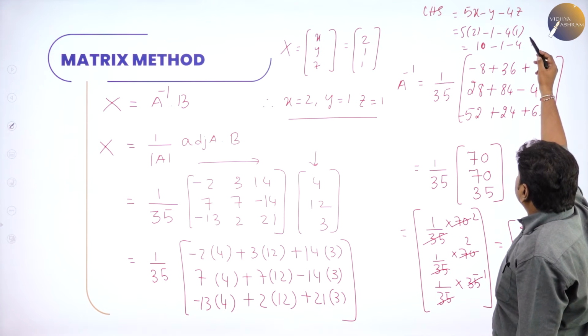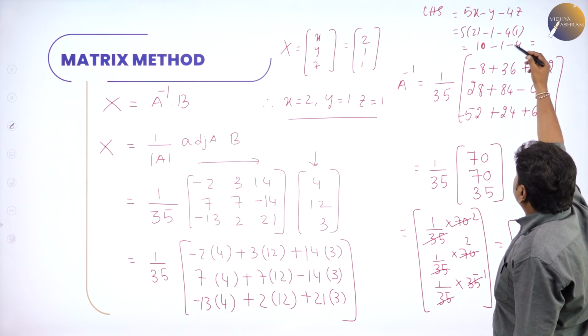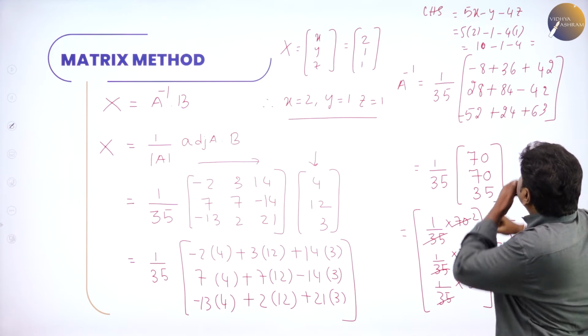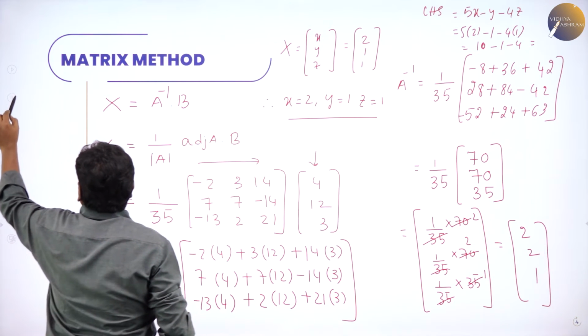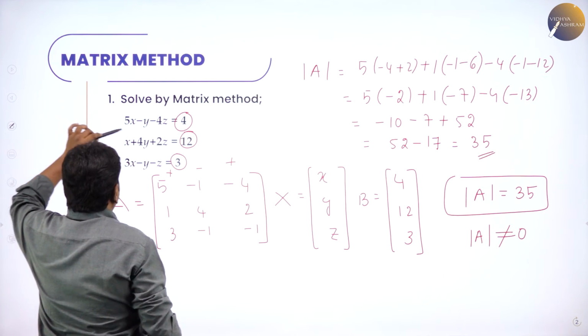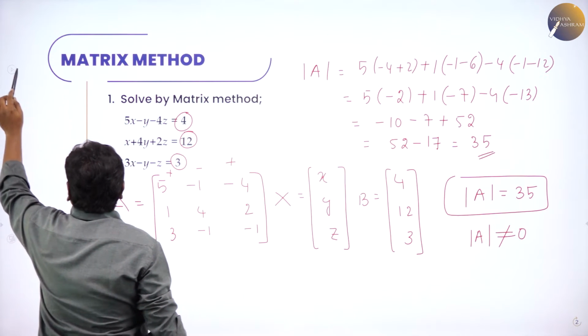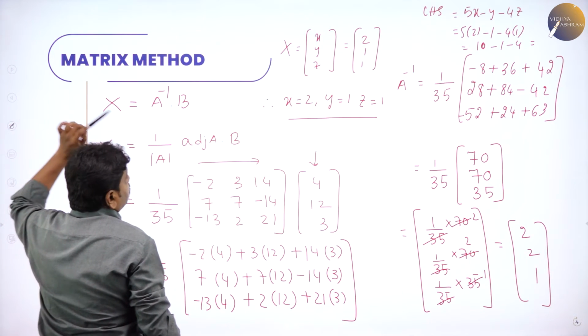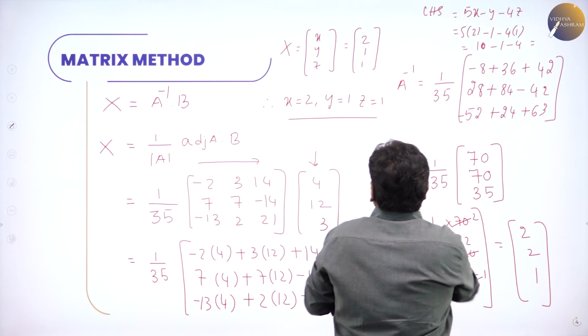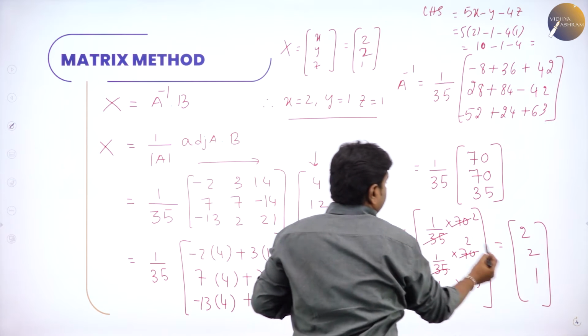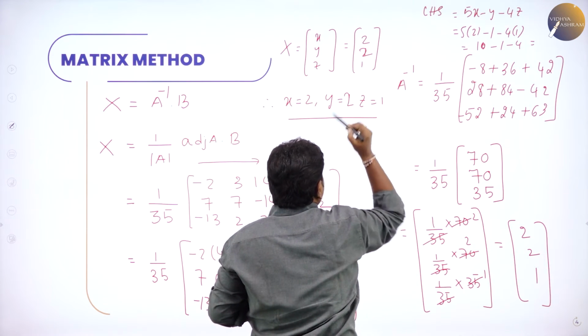So now it will become 10 minus 5. Refer to equation 1: 5x minus y minus 4z. Sorry, this is 2, 2, 1. See, here it is 2, right? So y is 2.